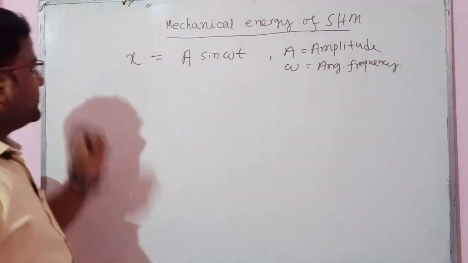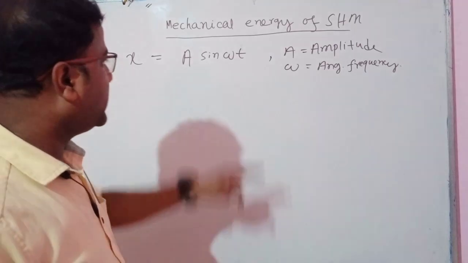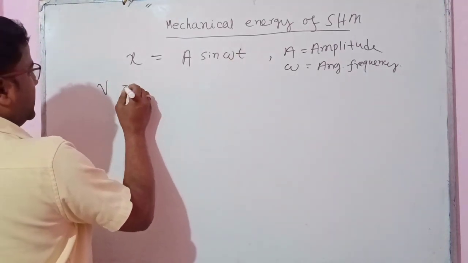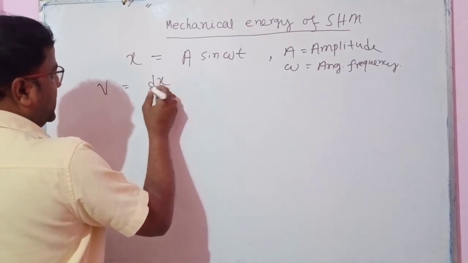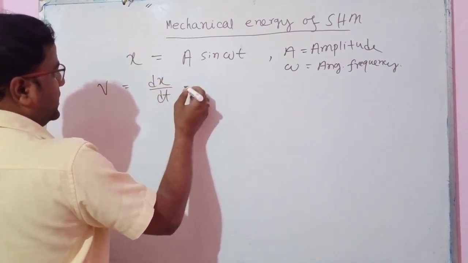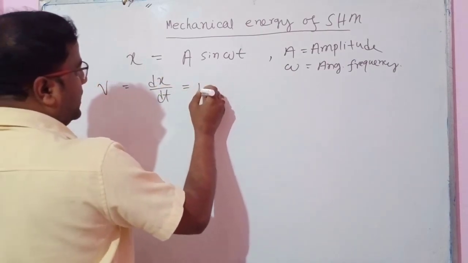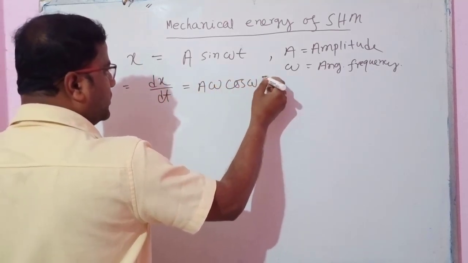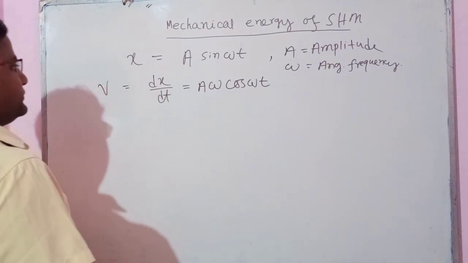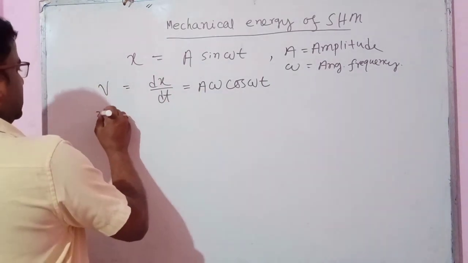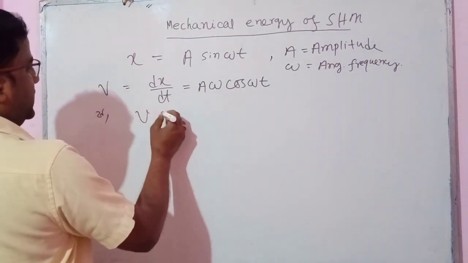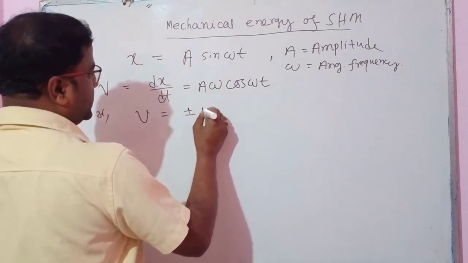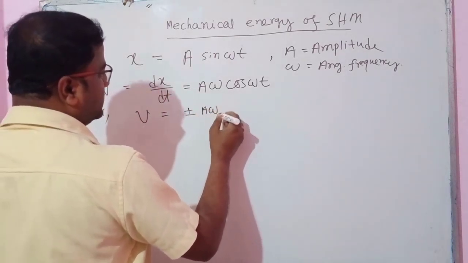Now, if we differentiate this expression with respect to time, then we get the velocity v equal to dx by dt, and it is a omega cos omega t, or v equal to plus minus a omega.